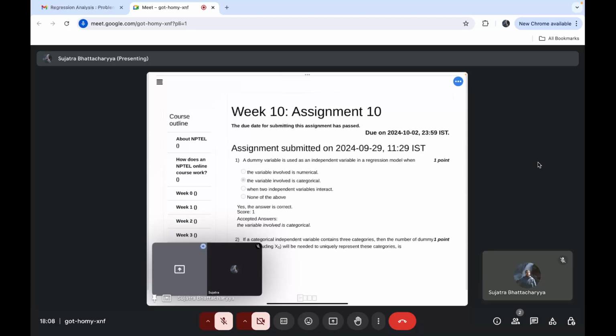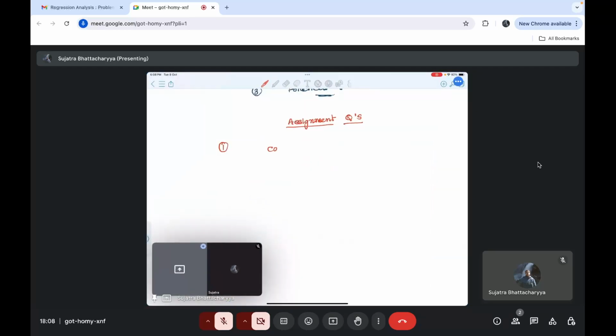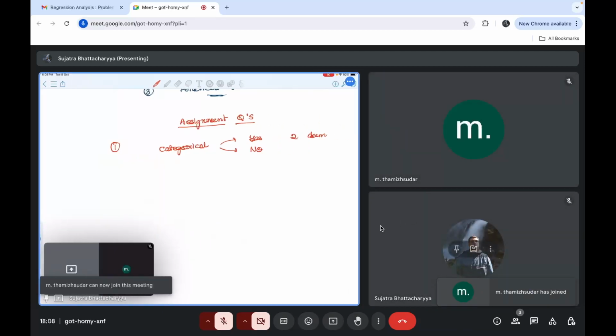Remember, categorical means a yes or no kind of thing. Whenever we have used the two dummy variable concept, just remember the last lecture. We have used a dummy variable z.